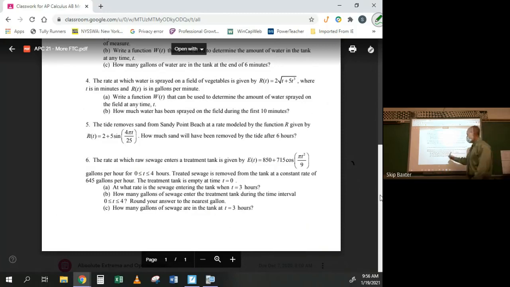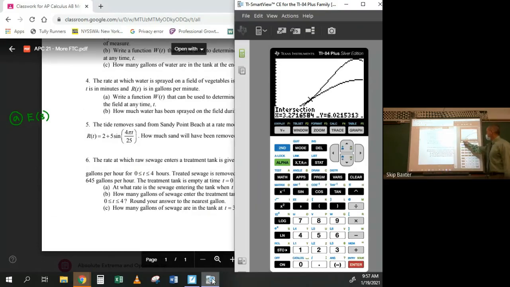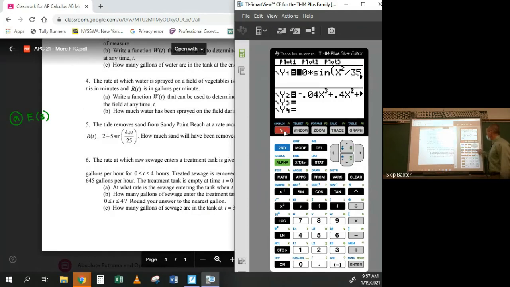So for part A, it would just be E of 3. And again, I would do the same thing I would always do here, which would be to enter this in as R1 on my calculator, and then I don't have to worry about it again. Okay, I'm going to clear the 2 functions that I had from the previous problem.